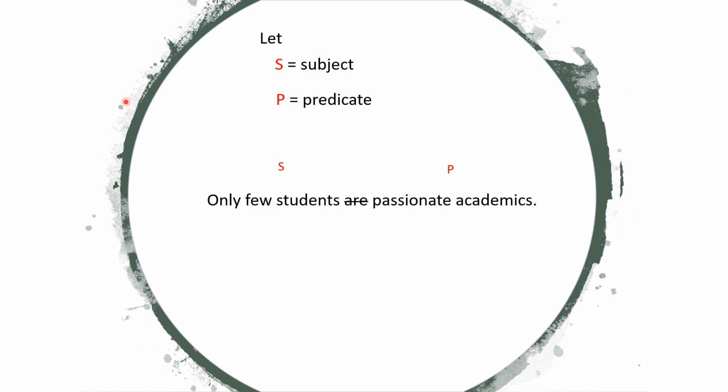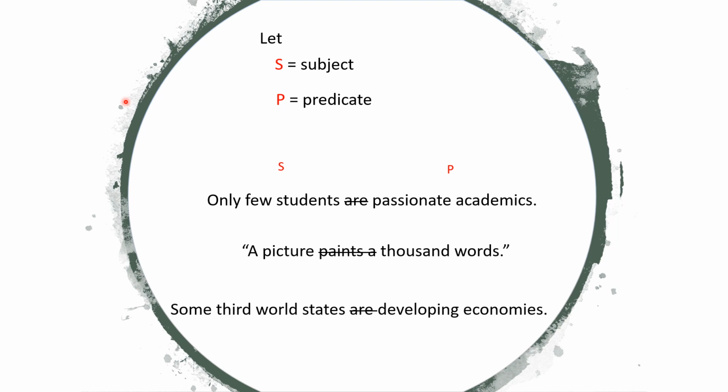I crossed out the copula to indicate that it's a copula, and other examples. Oh, there it is. It's back. So the copula is what stays in the middle here, but we'll come to know more about it as we move along. Further examples are these ones.